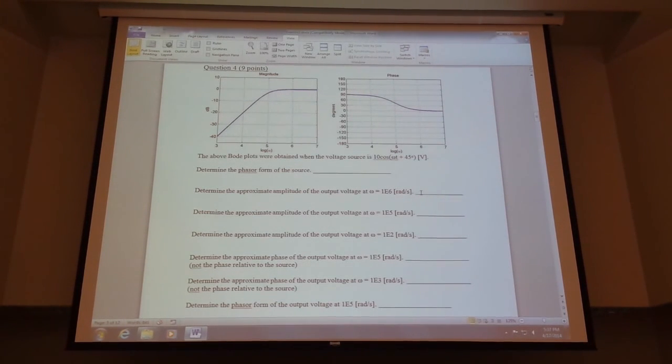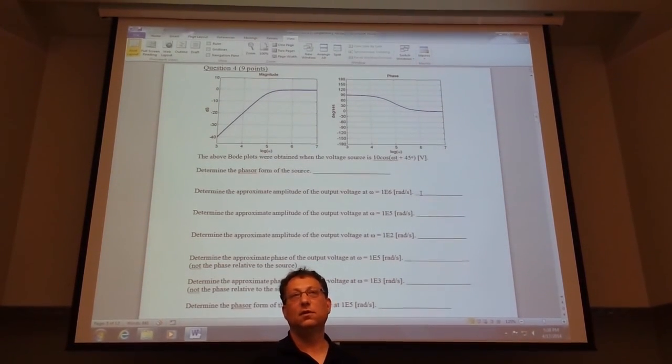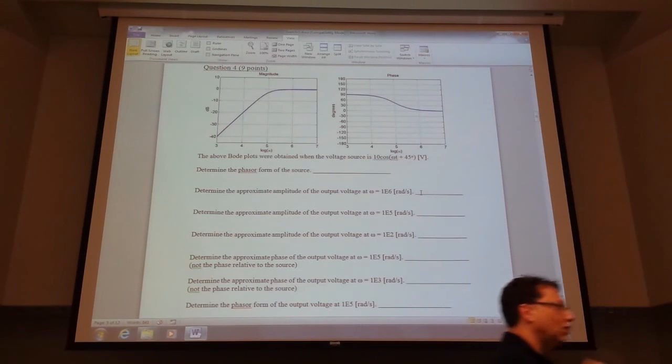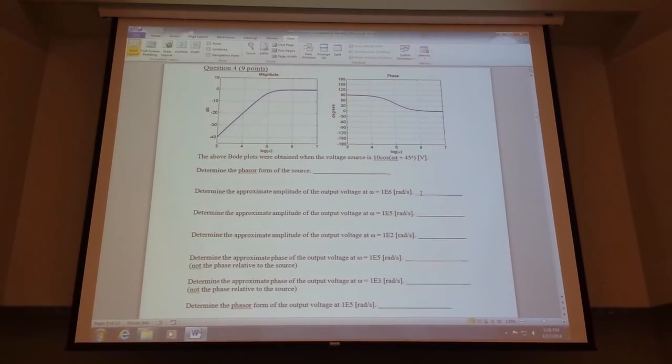The source is 10 volt amplitude, right? What's the magnitude of the transfer function at 10 to the 6? So what's the output? 10, not 1. The transfer function is the ratio of the output to the input. Yes, a lot of times, like in the lab, we've been using a 1 volt reference source to make life easy.